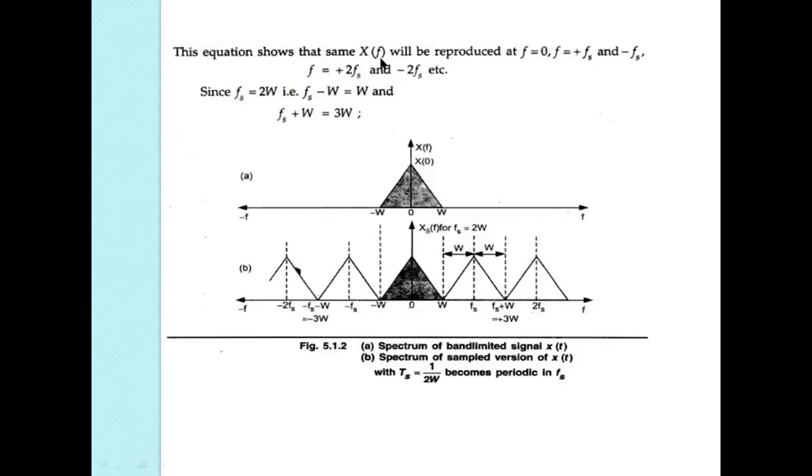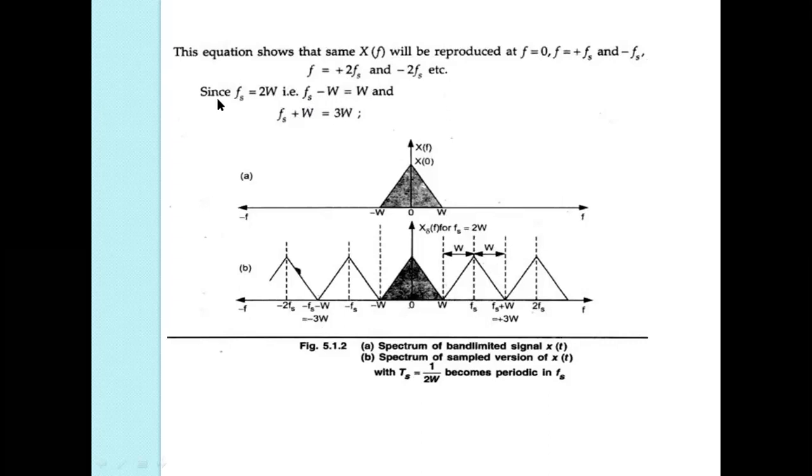This equation shows that x of f will be reproduced at f equal to 0, plus fs and minus fs, so f equal to plus 2fs and minus 2fs, etc. Since Fs is equal to 2 omega, Fs minus omega is equal to omega, and Fs plus omega is equal to 3 omega.